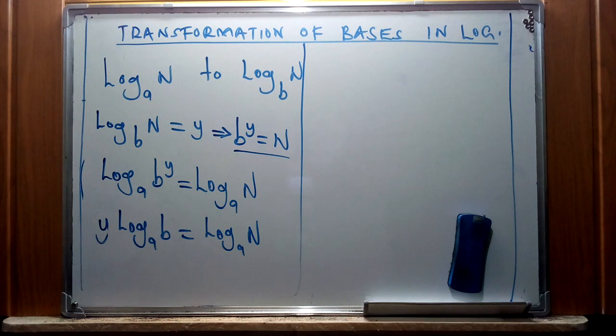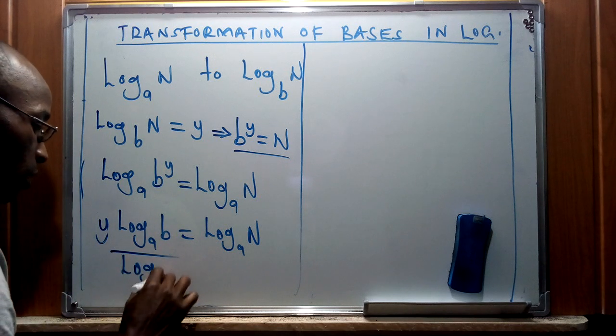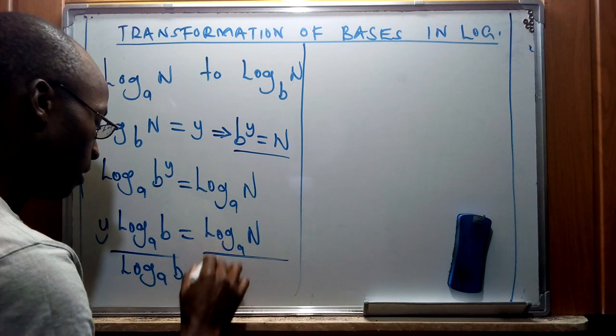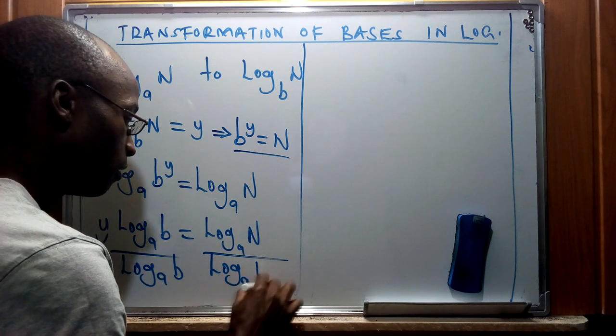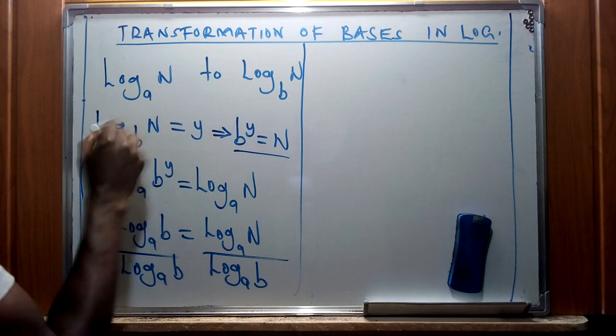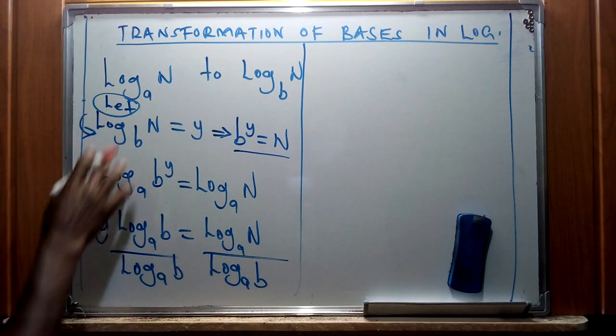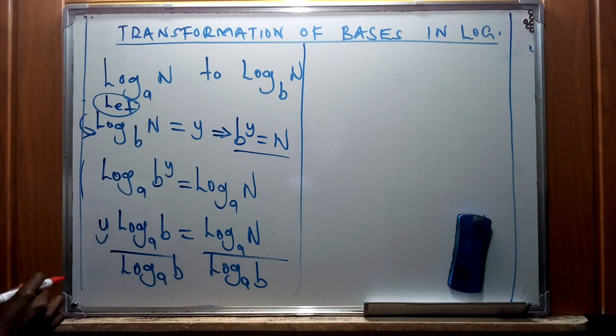And in this case, we're going to divide both sides by log to base a of b. Of course, we had decided on our y, which was a number we had introduced. We said that let log to base b of n be represented by the number y. So this is where we started our transformation.